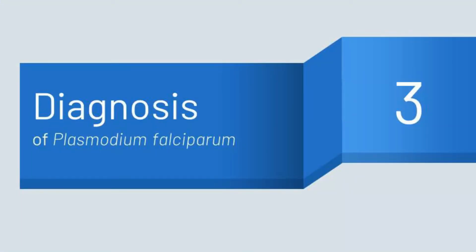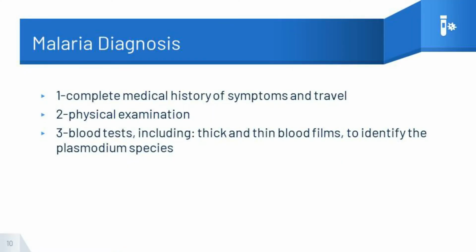And at this juncture, we'll go to the diagnosis of Plasmodium falciparum. So how can you identify, or how can you know if you have this malaria or Plasmodium falciparum? So first, you will undergo a complete medical history of your symptoms and all the travels that you have undergone. Then, next one, you will be going to a physical examination.